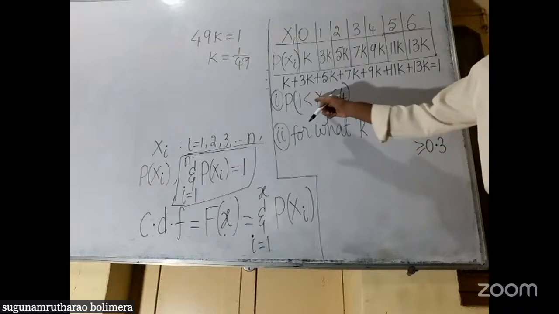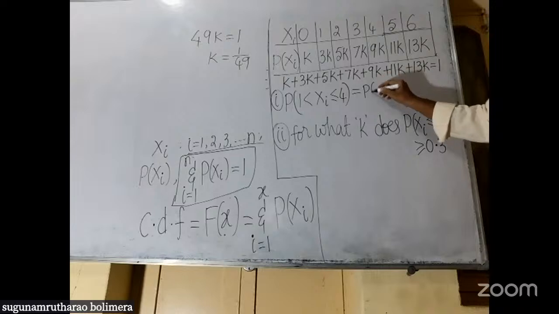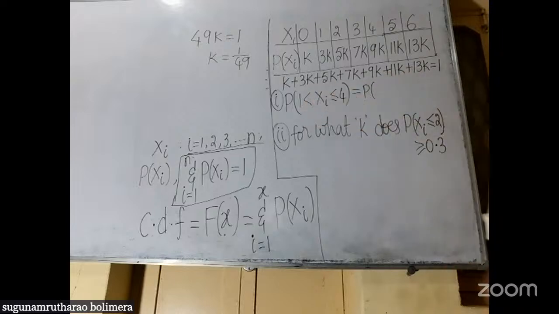Now P of 1 less than xi less than or equal to 4 means we have not taken 1 into consideration.